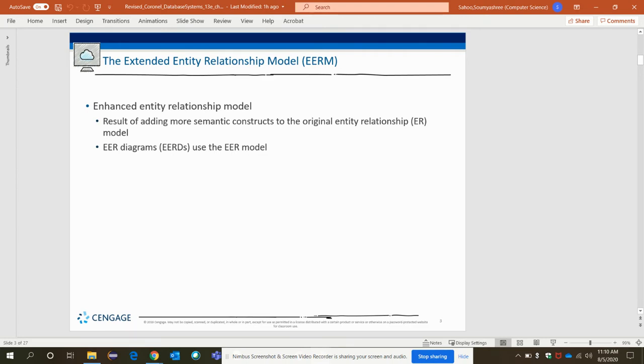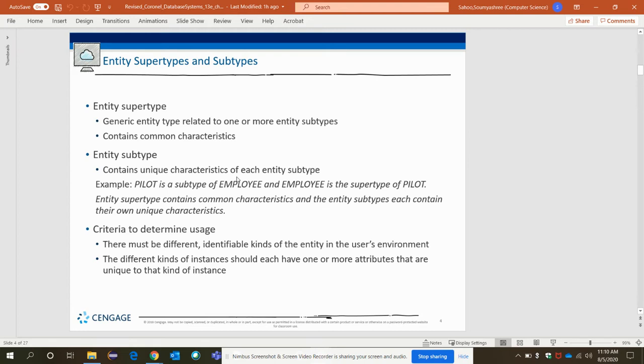The extended entity relationship model is the final output of adding more semantic constructs or advanced concepts to the original entity relationship model. To learn about the EERM, that is the extended entity relationship model, we need to learn some terminologies such as entity supertypes and subtypes.